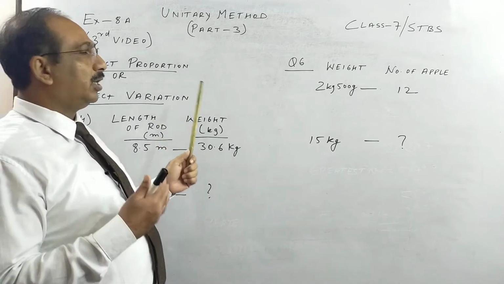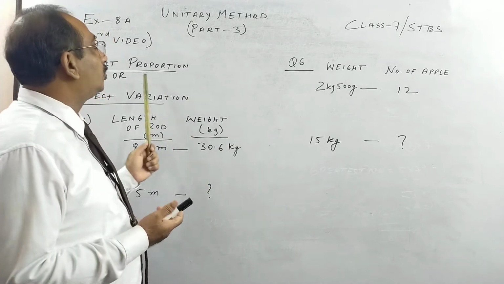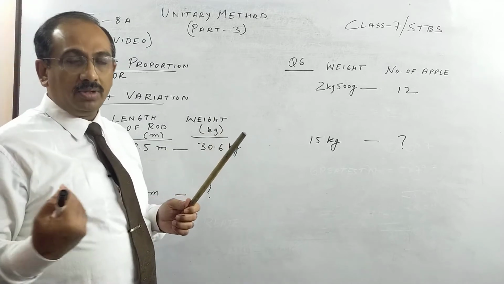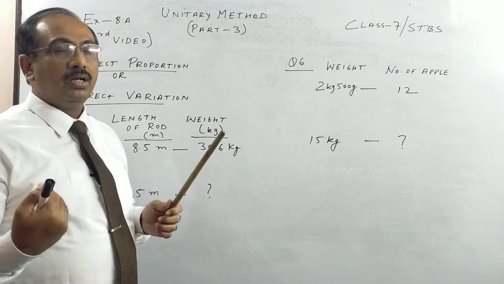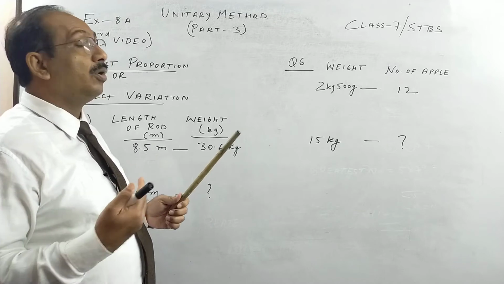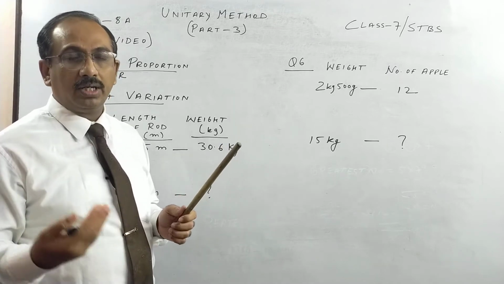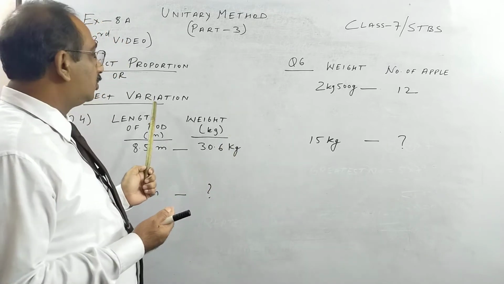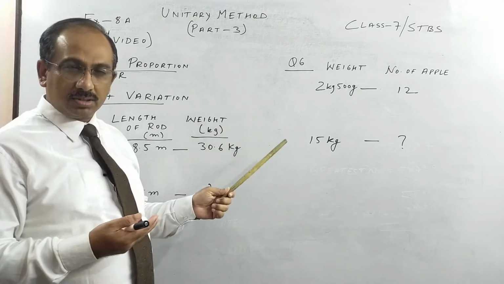In both parts I showed you how we use ratio also, which we have done in earlier classes, in the chapter on ratio and proportion. So how we can use proportion, to be more correct, to solve this question.